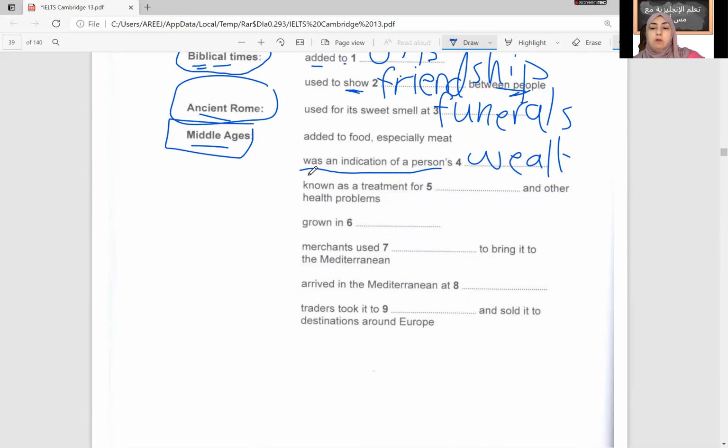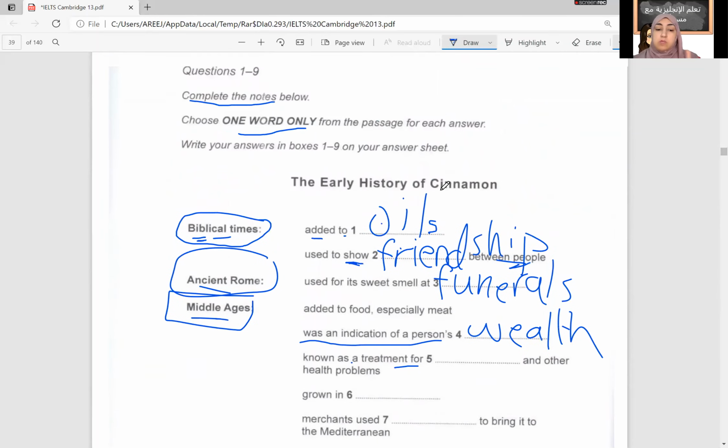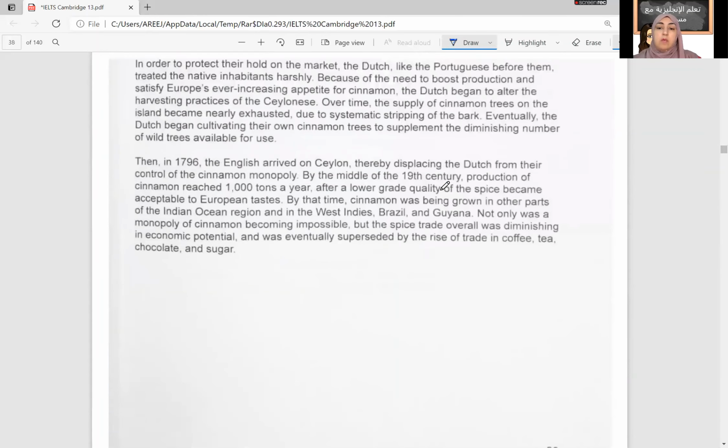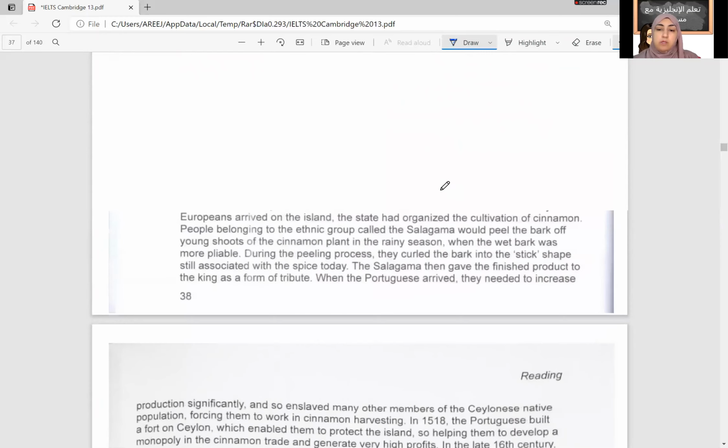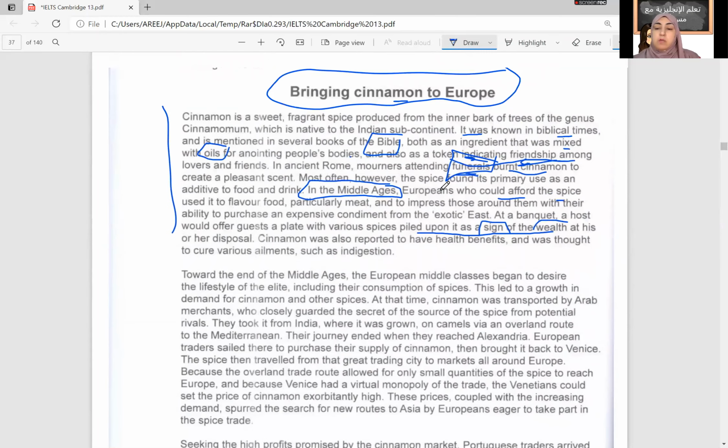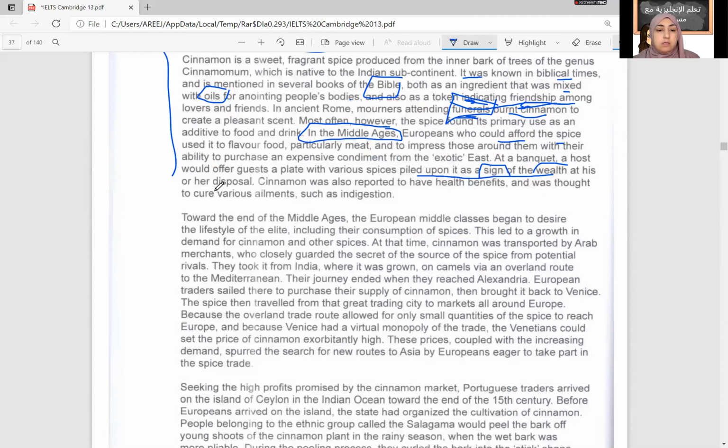Okay, let's continue. Known as a treatment for what? So probably number 5, it could be a disease or something wrong with your health. Again, we're still in the Middle Ages. Where do I start looking? From where I stopped, from the word wealth. So I keep looking here, at his or her disposal.